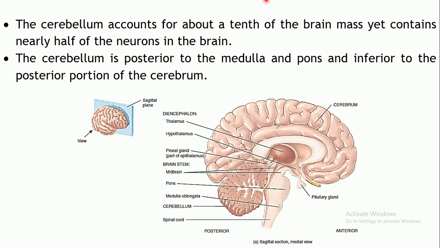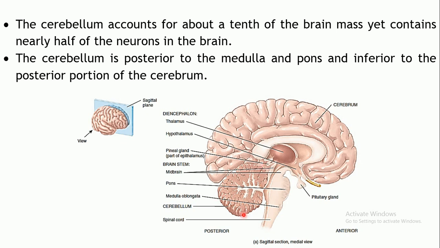Though if you compare the mass, it's only 1/10 of the entire brain, the number of neurons present in this region is nearly half of the neurons present in the brain, located only in the cerebellum.